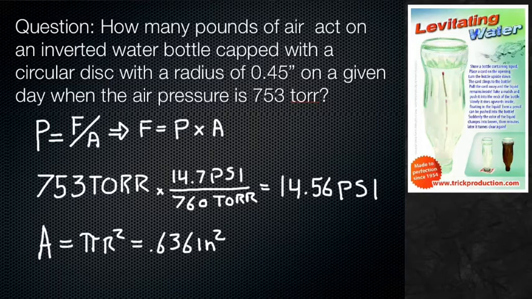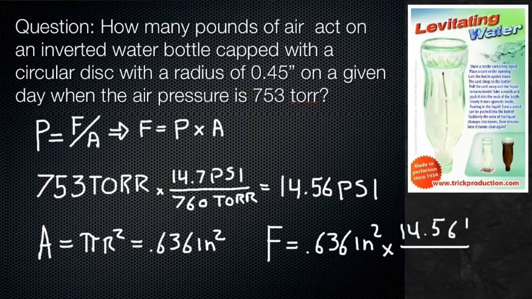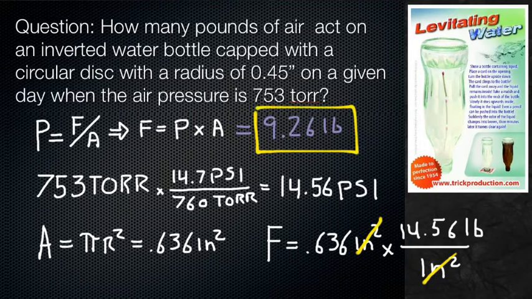That gives us an area of 0.636 inches squared. And then simply plugging this into the equation, you can see now that our units cancel appropriately here. And we get that the force acting on this little disc is about 9.26 pounds. And that's greater than the weight of the water above that circular base, and therefore the water stays in the jar.